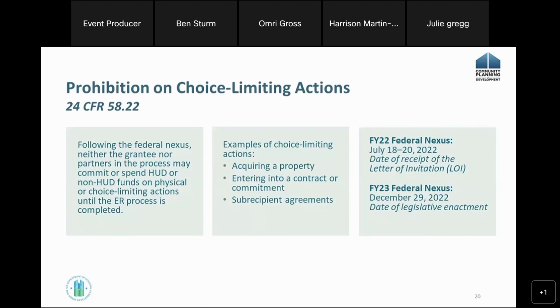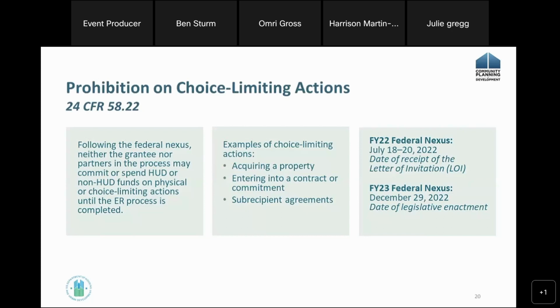Now, after the federal nexus, the grantee and their partners are not allowed to commit or spend HUD or non-HUD funds on physical or choice limiting actions until an environmental review is complete. It's important to remember to communicate with your stakeholders early in the process to reduce the time necessary to complete the environmental review and to avoid taking choice limiting actions.